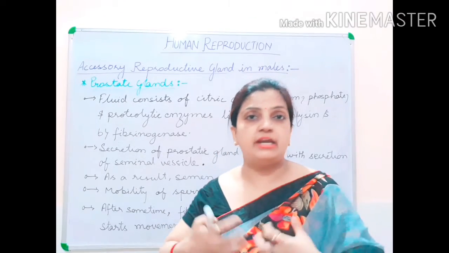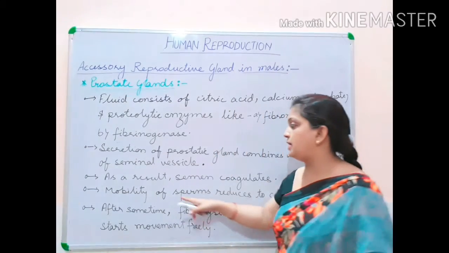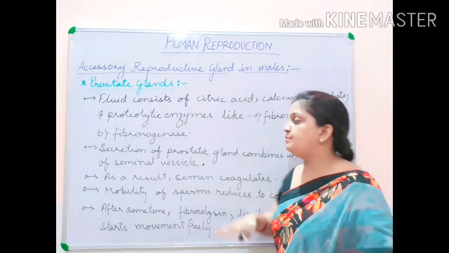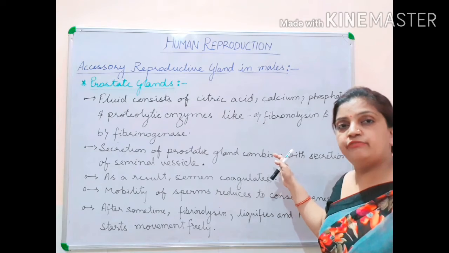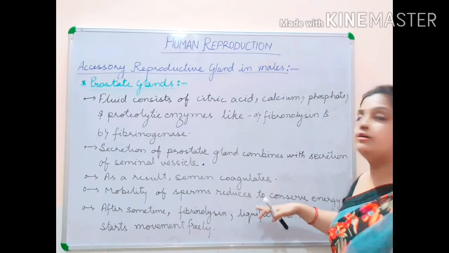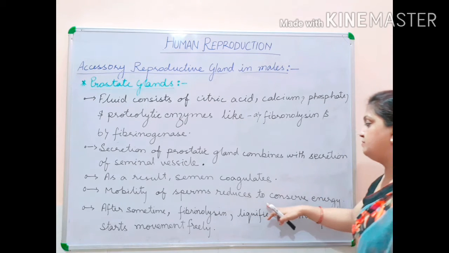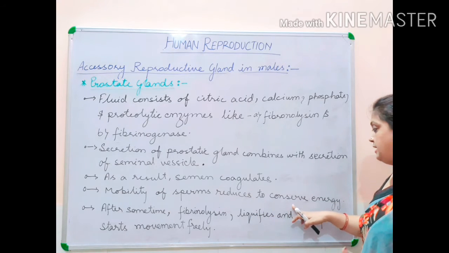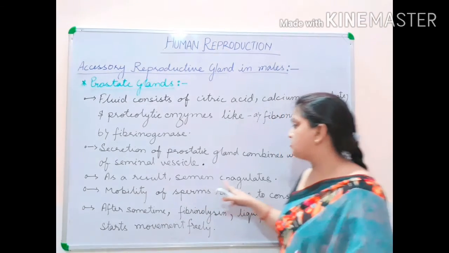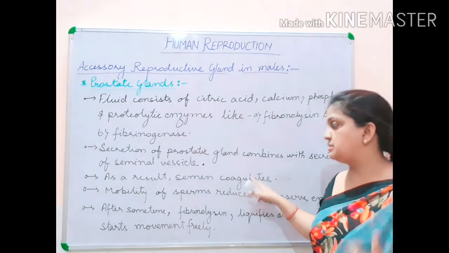When the prostatic fluid mixes with the semen, the mobility of the sperms reduces, and because of this reduction, energy is conserved. And how is energy conserved? Because of the coagulation of the semen.